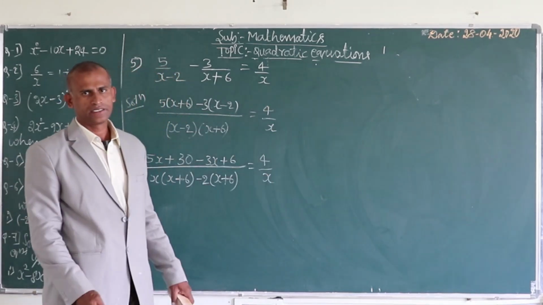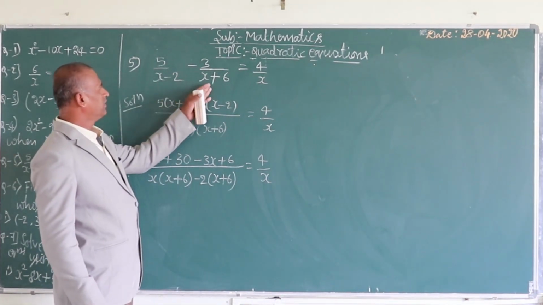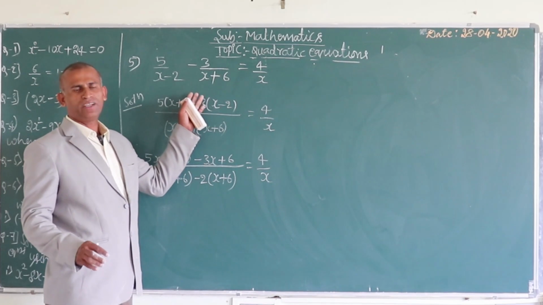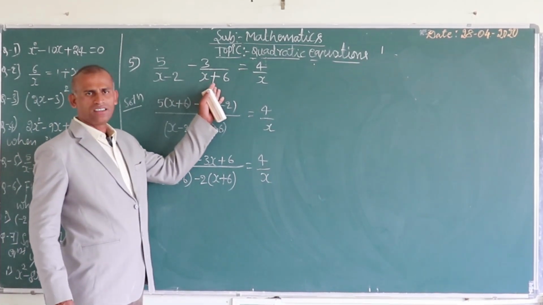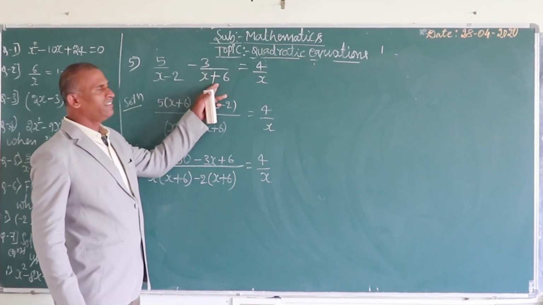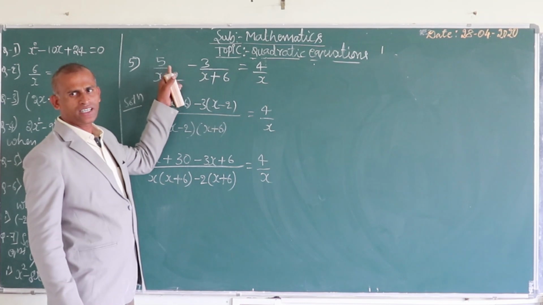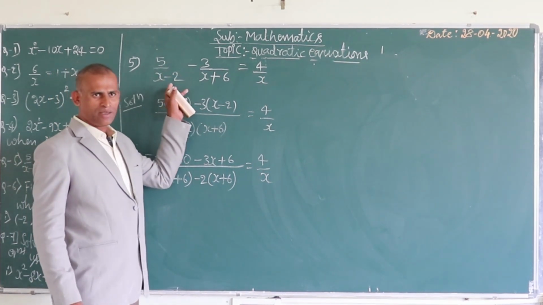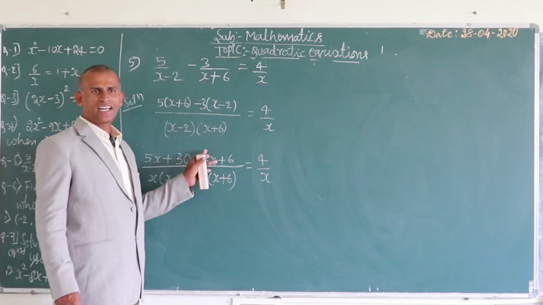Just for the LCM of binomials, the second fraction's denominator we multiply to the first numerator, and the first denominator we multiply to the second numerator, writing the signs as they are.